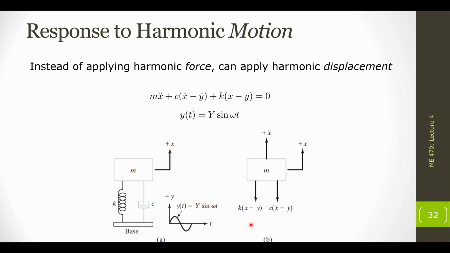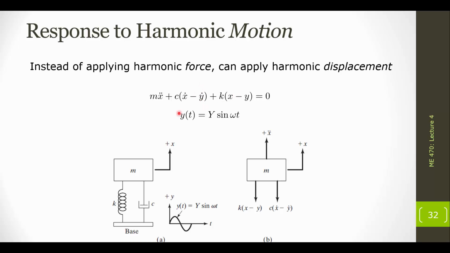And when we look at it from a free body diagram perspective, that mass is feeling that force from the spring and force from the damper due to the relative displacement and the relative velocity of the damper. So if we go from the free body diagram to the equation of motion, we see that the force is going to depend on our x and our y, the position of our mass and the position of our base, but also the velocity of our mass and the velocity of our base.